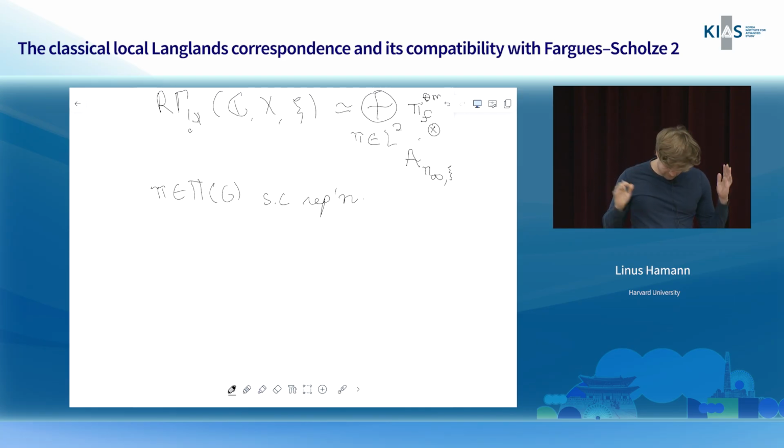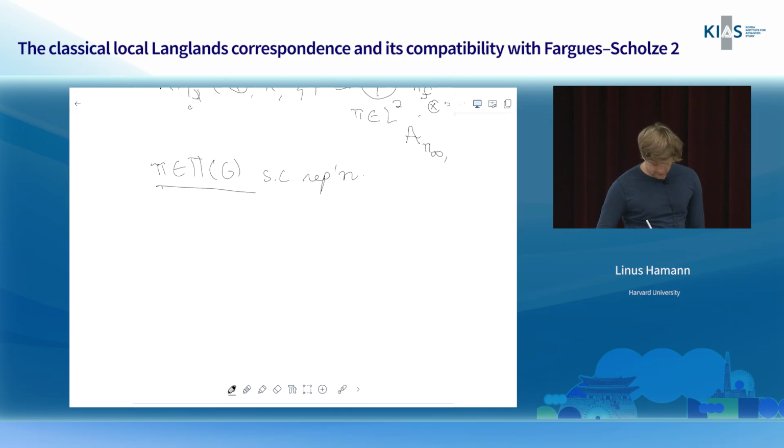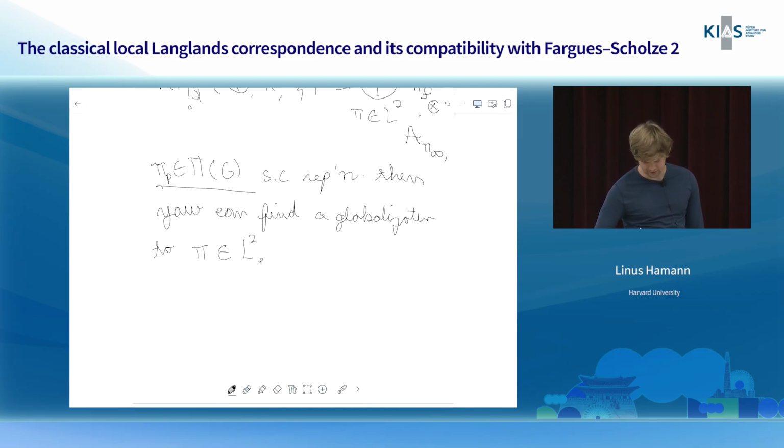Right. Great. So now let me get to Jared's question, which is namely the Galois action on this. So if you start with some supercuspidal representation of your local group, well, okay, maybe I call this pi p, then you can find a globalization to a pi which lies inside this discrete spectrum, but it even lies inside what's known as the cuspidal part.